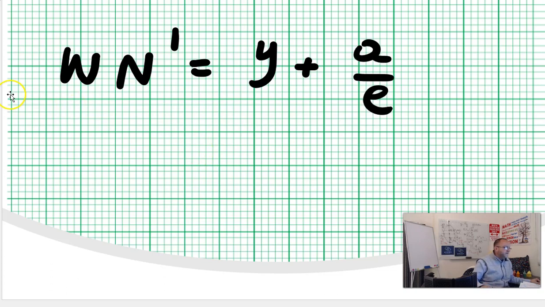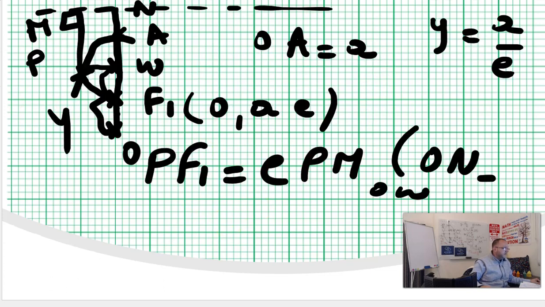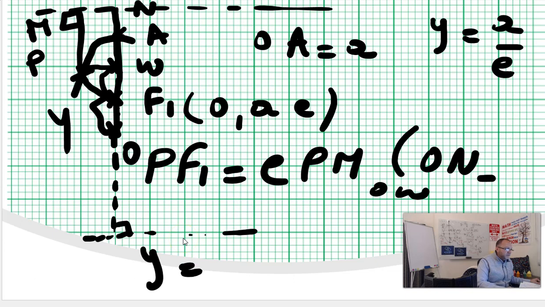Look at it. Okay, where is WN prime? It's right here. So WN prime, what's N prime? It's your directrix here, Y equal minus A divided by E. And why did I take this one? Because look carefully.